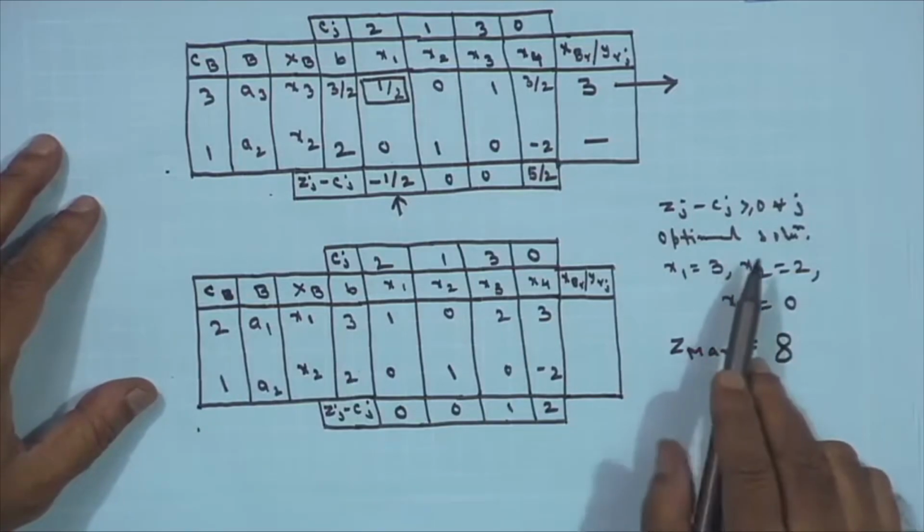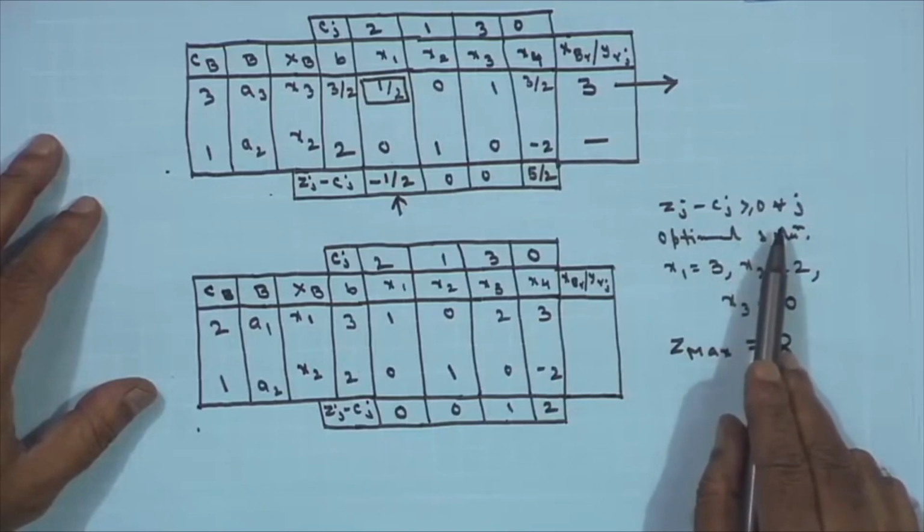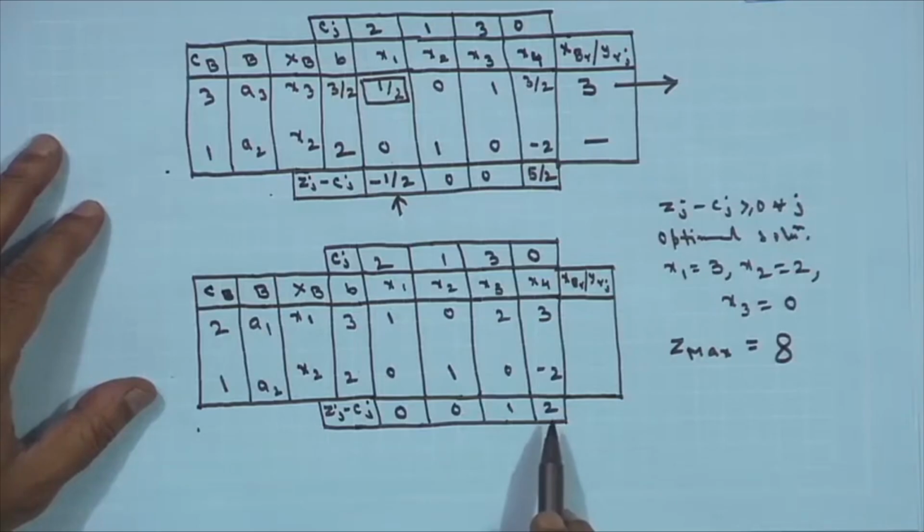So, please note that since Zj minus Cj is greater than or equal to 0 for all j, and Zj minus Cj equals 0 for basic variables x1 and x2, and Zj minus Cj is greater than 0 for non-basic variables x3 and x4, the optimal solution you obtain is unique.